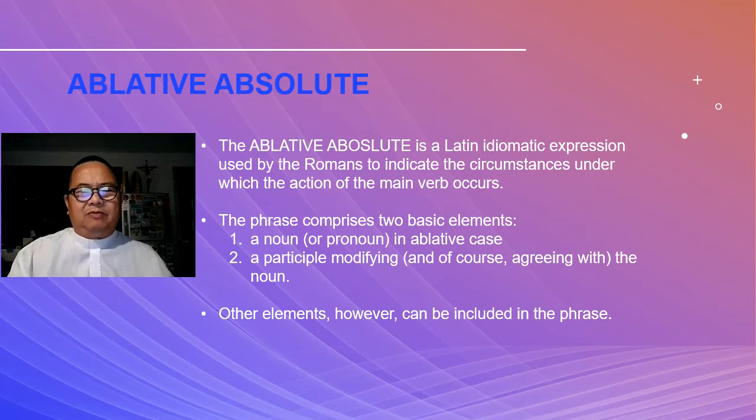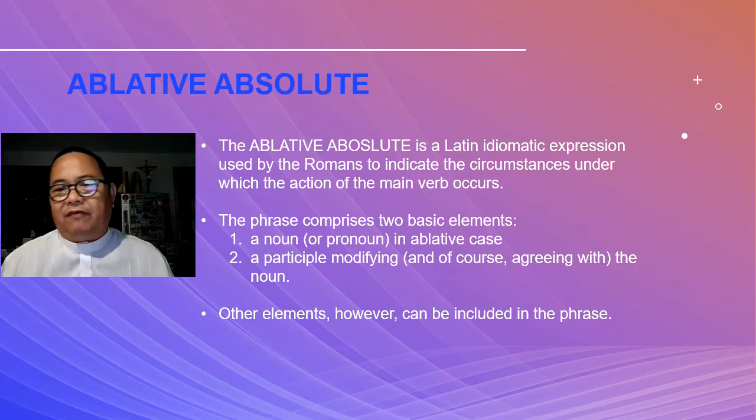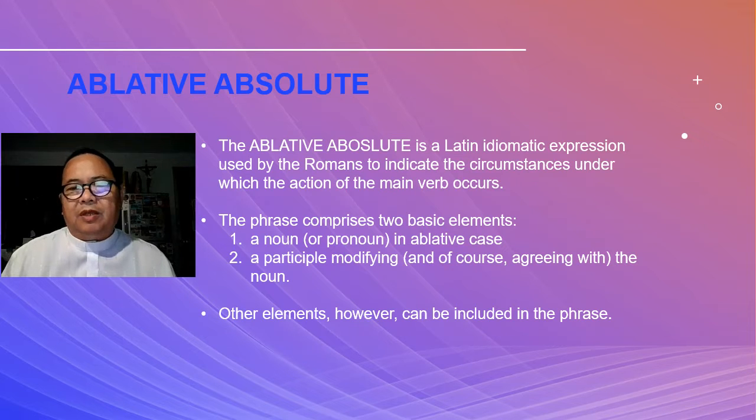This time we shall take a look at the ablative absolute construction. It is an idiomatic expression that is unique in Latin, and this was used by the Romans to indicate the circumstances under which the action of the main verb occurs.